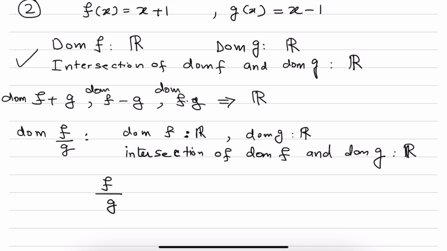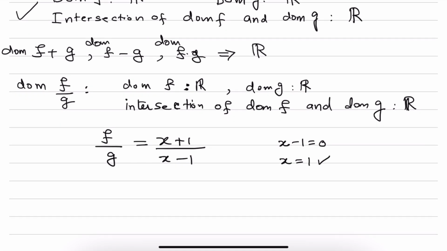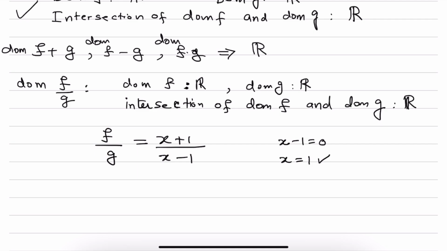And now let's write f by g as f of x is x plus 1 and g is x minus 1. So what x is making g in the denominator 0? We can see that by putting denominator equal to 0 we have x equal to 1, it means this 1 is making the denominator of f by g 0.